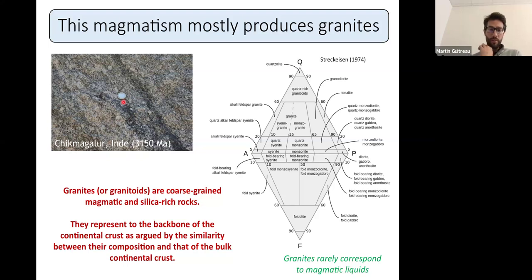One thing that's important to note, though, is that granites rarely represent magmatic liquids. They're essentially products of granitic magma crystallization. Sometimes they correspond to actual liquids, but it's very rare. And you have a big diversity of granitoids in all of these fields. I presume that you're all very familiar with the Streckeisen diagram, but it's a good way to introduce granites.